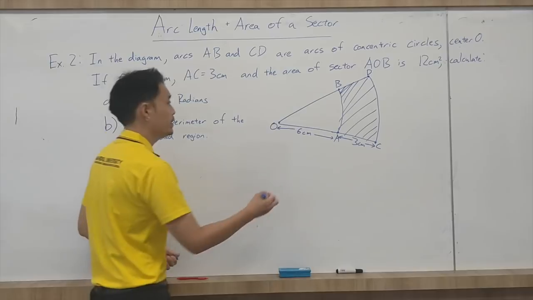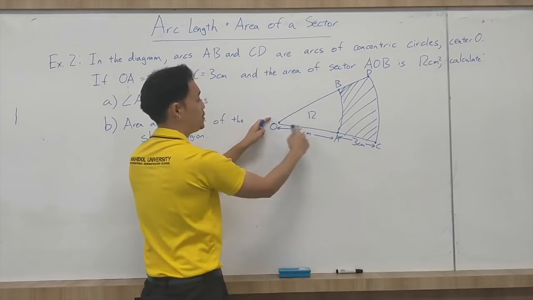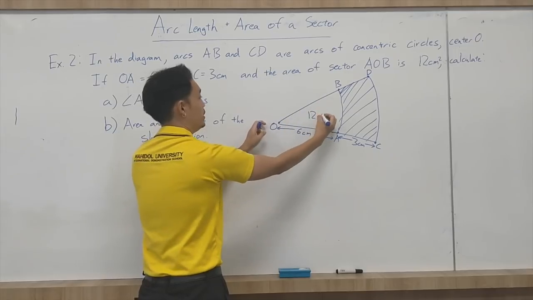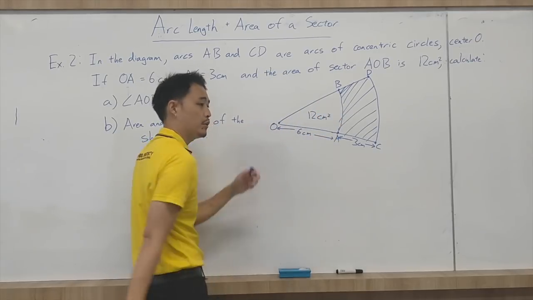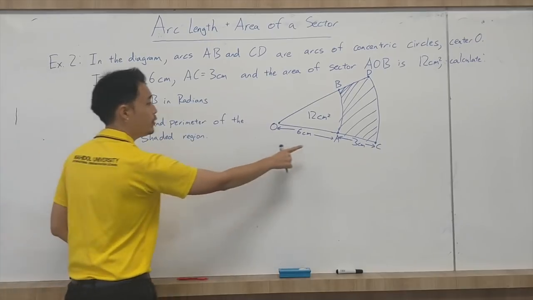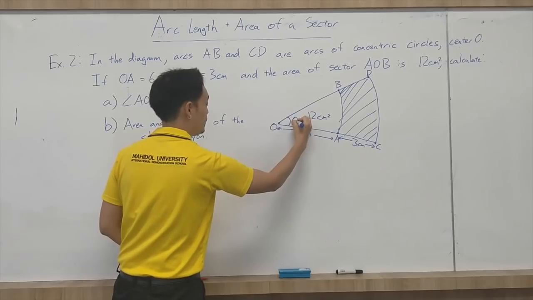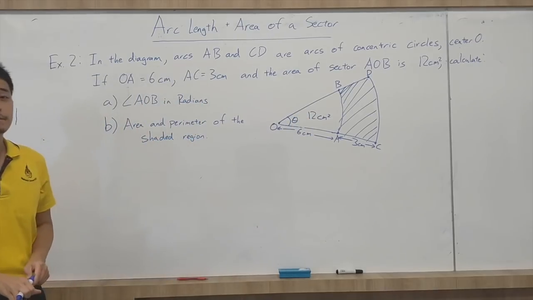Okay, so first thing we're going to take a look at is this sector from A to O to B, just this white part, is 12 centimeters squared. And what we're trying to find here is angle AOB. So AOB, vertex O, we're trying to find this theta right there.